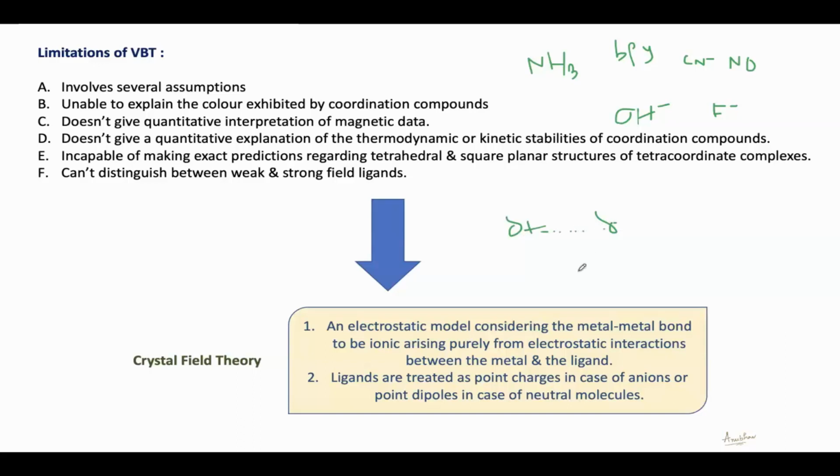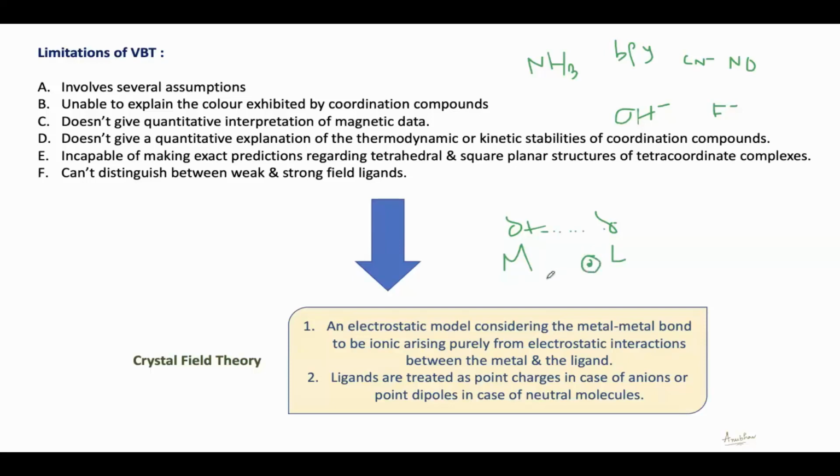The metal has a delta positive charge and the ligands have a delta negative charge, so there is a significant electrostatic interaction between them. That is the assumption in crystal field theory. Also, ligands are treated as point charges in the case of anions, and as point dipoles in the case of neutral molecules.